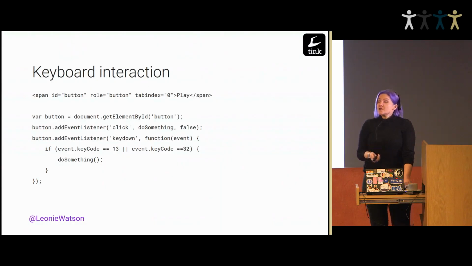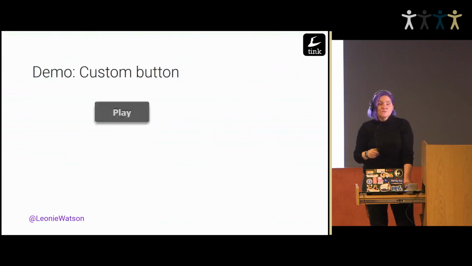Mouse interaction is usually the first thing people think about, so we can just add a mouse click event listener. But we also need to make sure that, like a native button, someone who uses a keyboard can hit the space or enter keys to make the thing active. So we listen out for the key codes 13 and 32 in some JavaScript, and when we detect either of those being pressed, we get the button to go ahead and do whatever it is it's supposed to do in life.